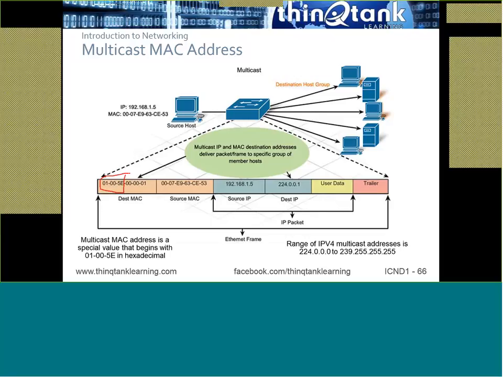All right? The last half is derived from the destination IP. This is a multicast destination IP address. This happens to be an all hosts multicast address. The last 23 bits of this address are used to derive the last 24 bits of the MAC address. You can kind of see a relationship there, right?